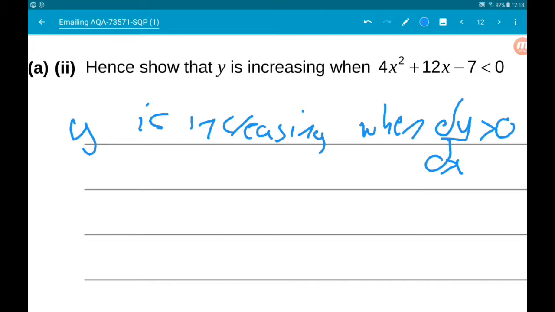So again, part 1 of A is going to help us with part 2. So we're leading on again. So we know dy by dx, that's what we just worked out. So now what we're going to do is substitute that into this inequality.